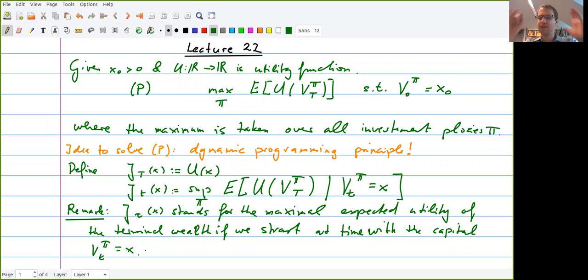So this is the idea, and the mathematical formulation is this J_t(x), defined.